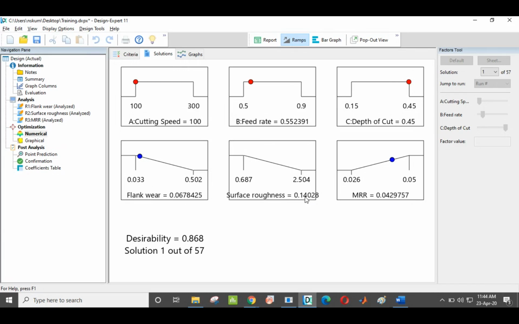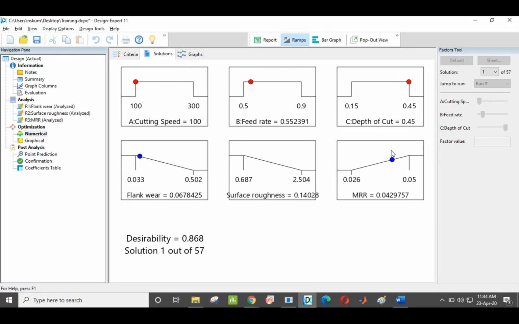Someone asked, what happens when the predictor value is out of bound? That is not at all a problem because it predicts based on the fitted model. Our fitted model is not as perfect as possible because the values are given as our own. So the perfect model is not good. So the surface roughness predictor is out of bound.